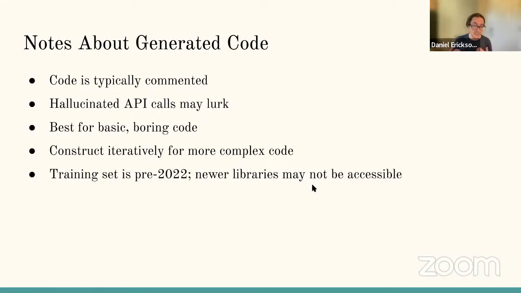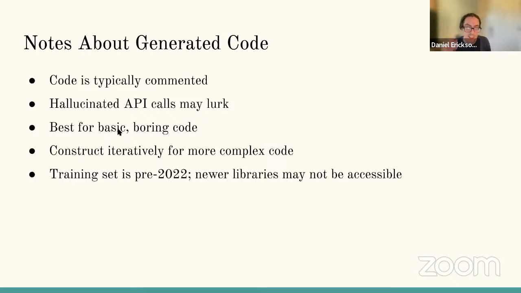You can sometimes use ChatGPT to build those functions if you know what it's supposed to do, which is pretty interesting. But as a whole, you just need to be a little bit wary about what the API calls are. I think it's best for boring and basic code, basically boilerplate that can be mass produced. Really complicated, complex things, maybe you can build that, but that's pretty hard.